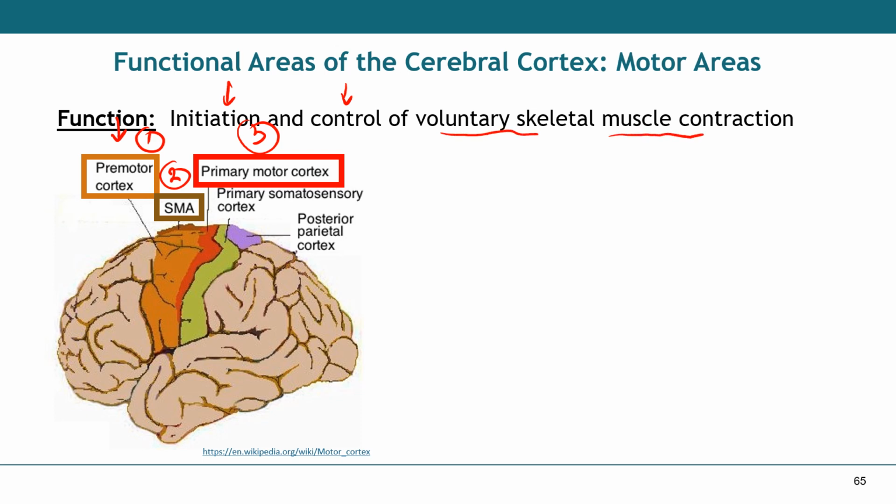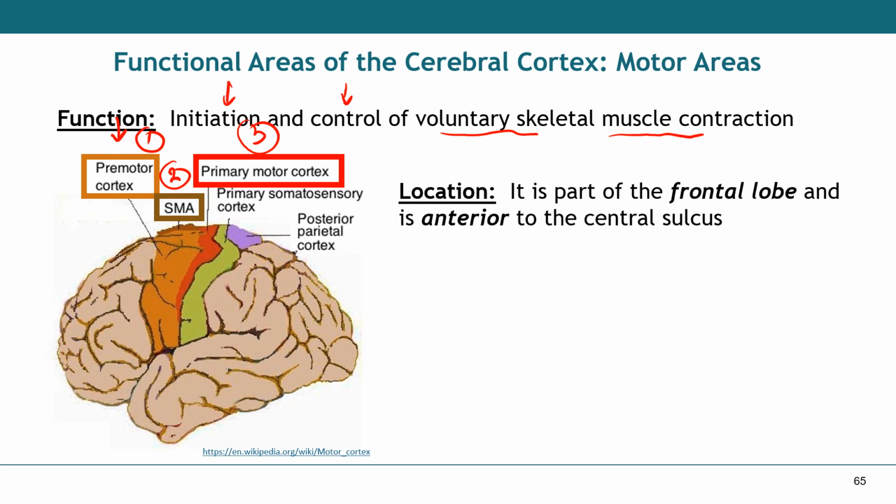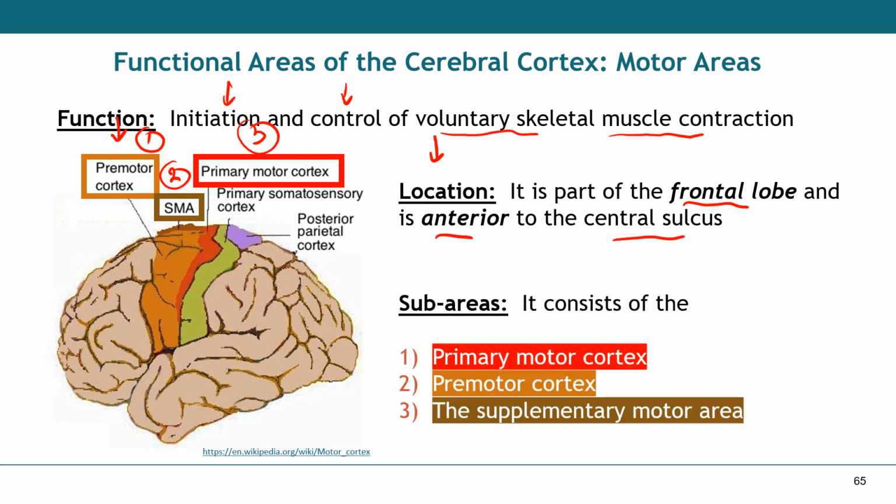So they generate the signal to send it to the skeletal muscles to produce a response. Also, I told you that they are located in the frontal lobe, so they are anterior to the central sulcus. And I told you there were three sub areas that are here, and those are color coded there in the picture.